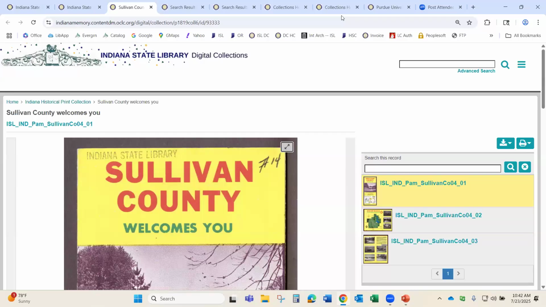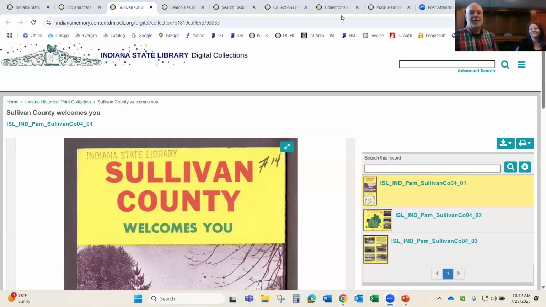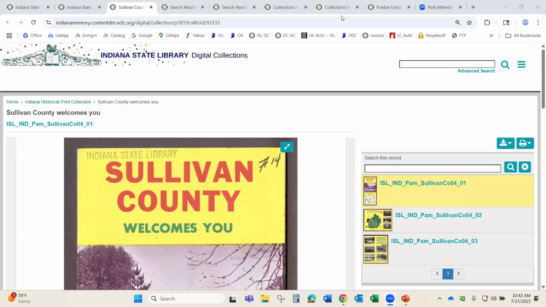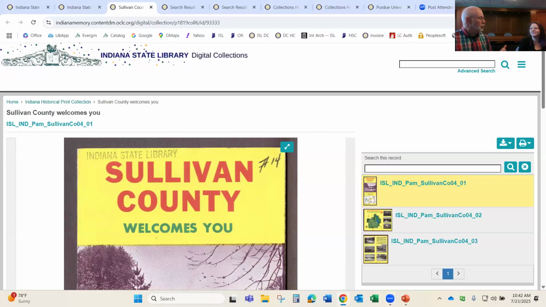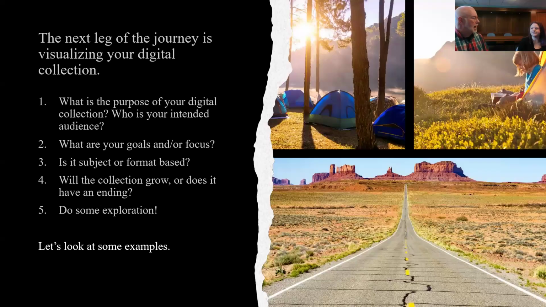Thank you. There's a question from Joan Hostetler. How do you track or mark what you've already digitized, especially if you are selecting only part of a collection to digitize? I don't know about you, but I can tell you how we do it in the Indiana division. It goes in the catalog.